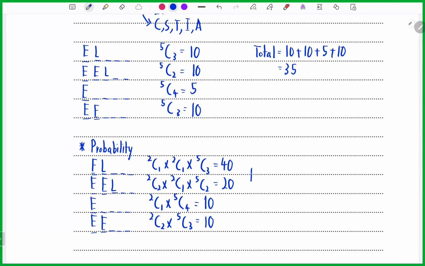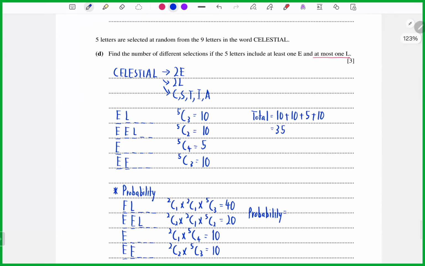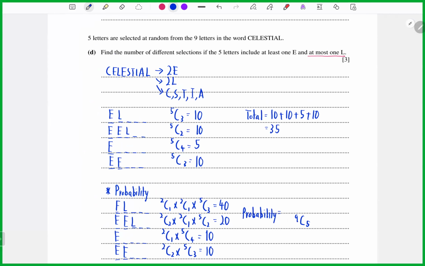Okay, if you need to find the probability, so you can take here 9C5. Okay, take 14 plus 20 plus 10 plus 10 over 9C5.